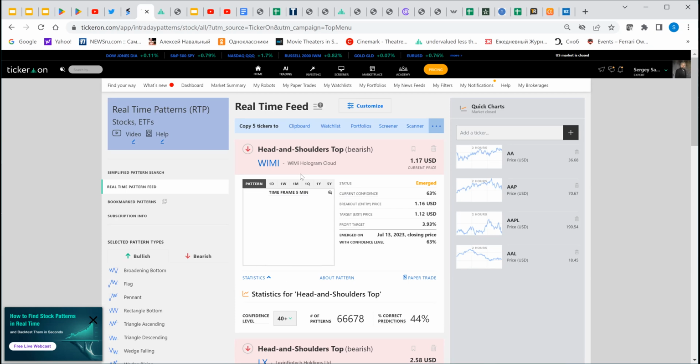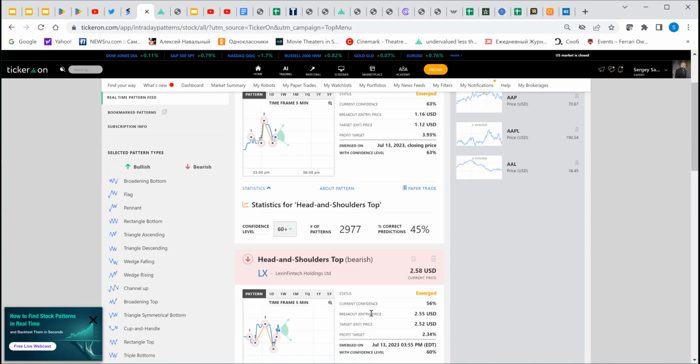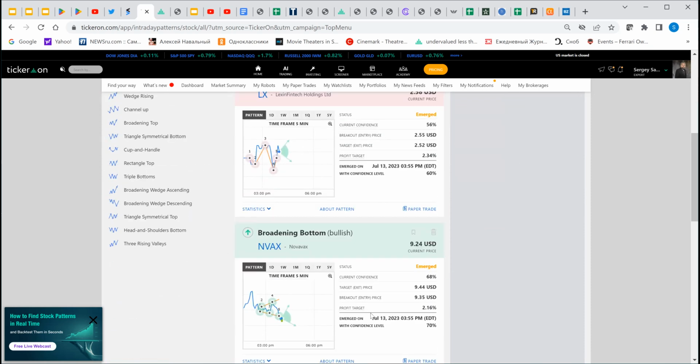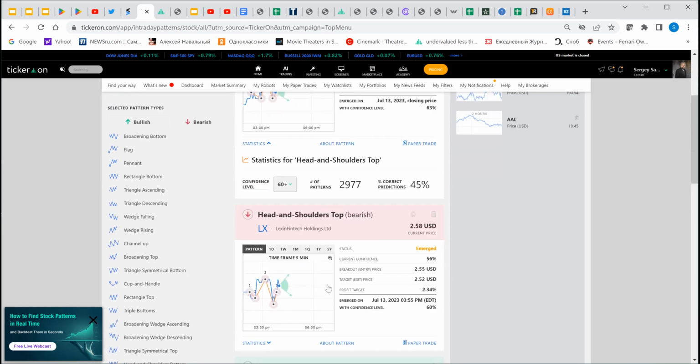So what we do, we take this pattern and then backtest that with a different level of confidence. This one is 60 plus. Okay, so that means 45% of them are going to reach the target price. Is that good? Maybe not. So, and that's an honest presentation, and then you have to decide whether or not you want to trade.